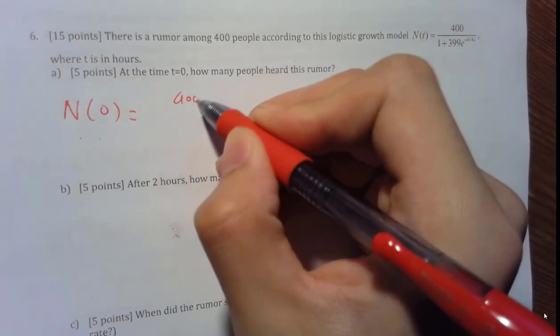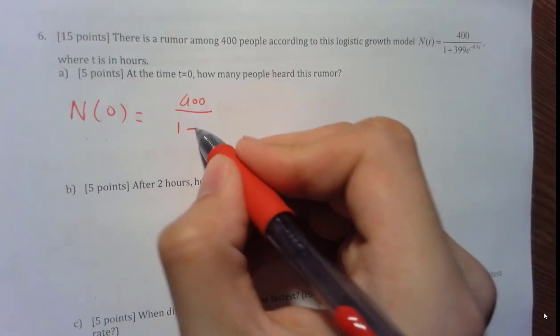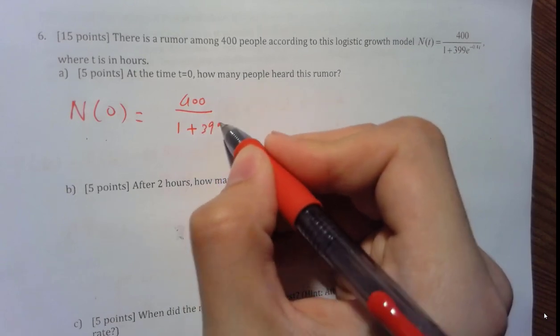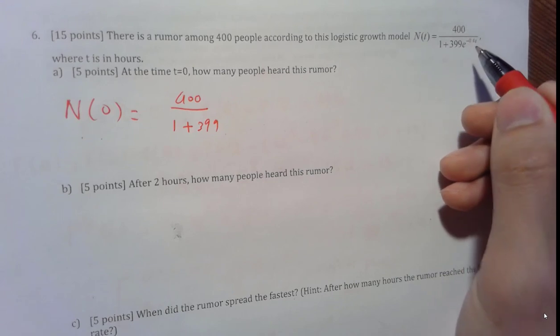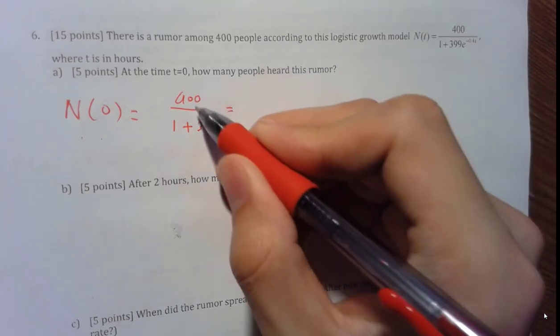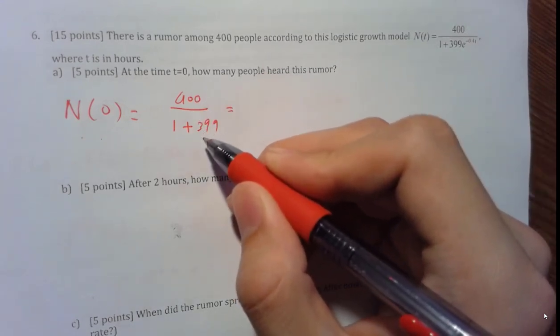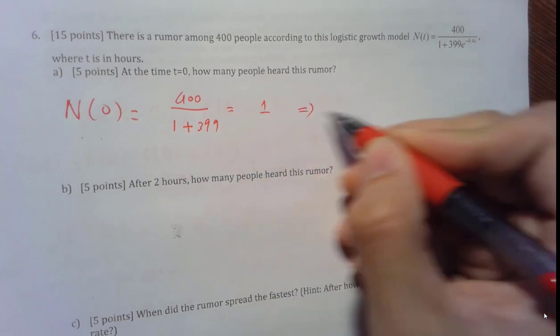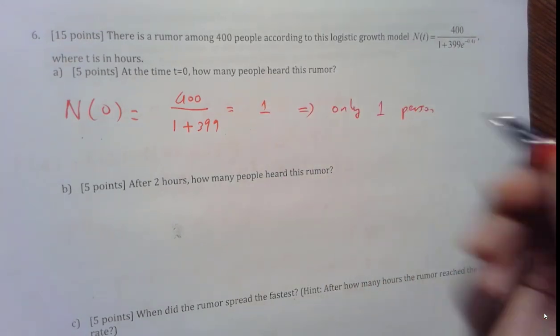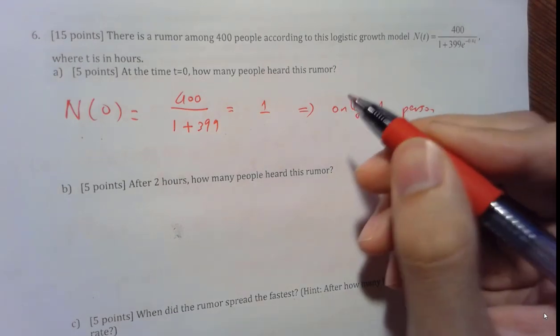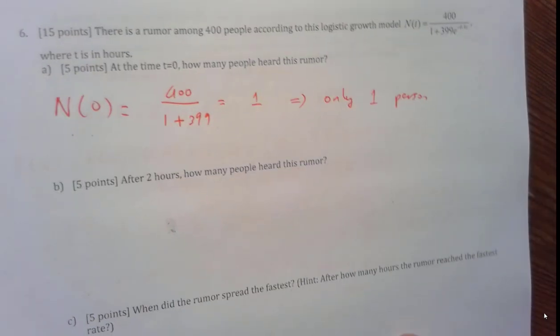So that's why we got 400 over 1 plus 399. We got this expression here. I mean, this term here is 1. And this is 400 over 400, which is 1. So only one person heard the rumor at the time of 0.